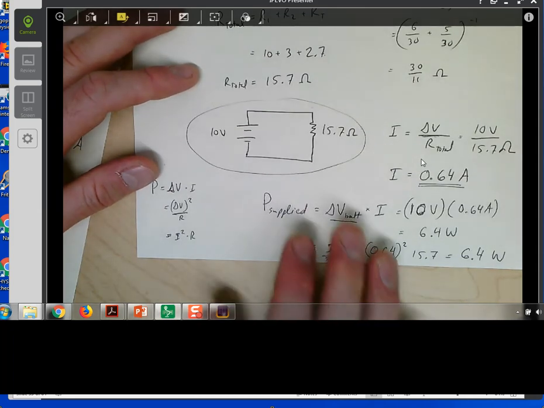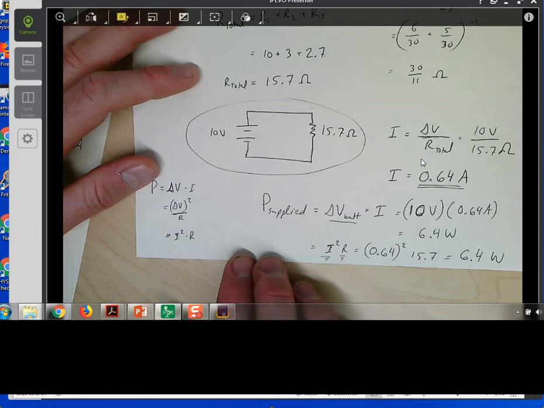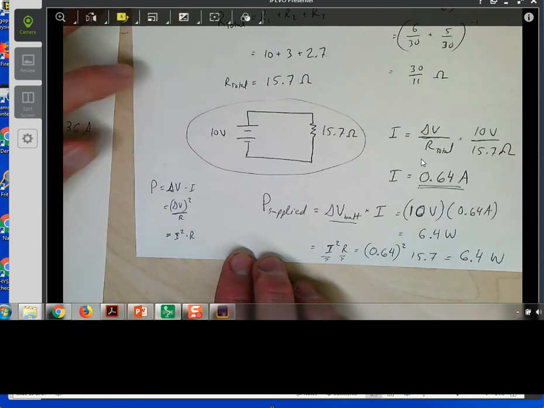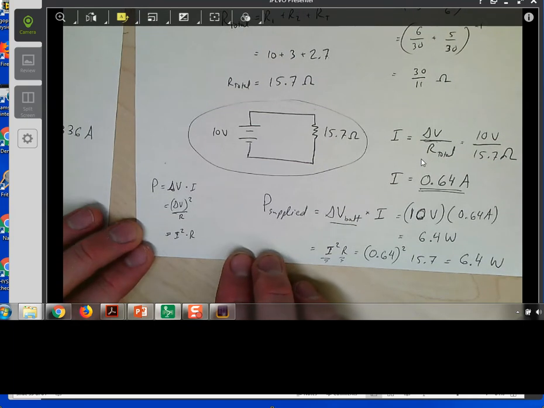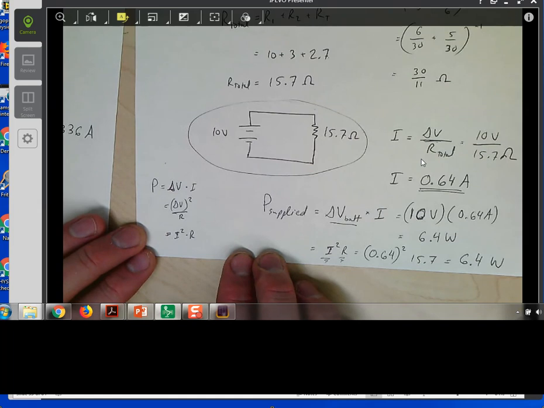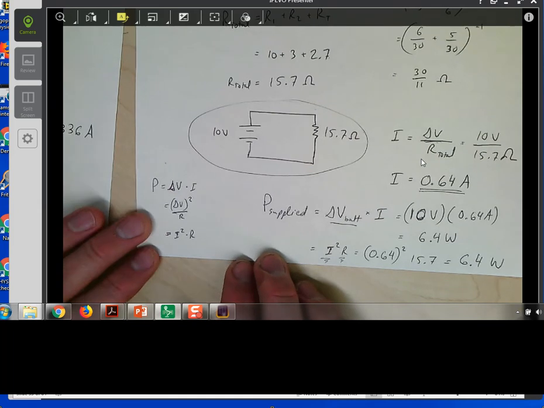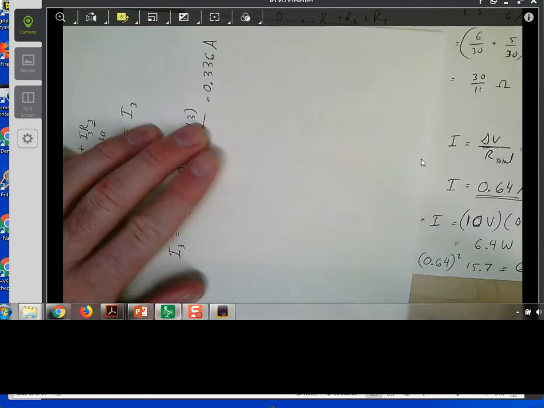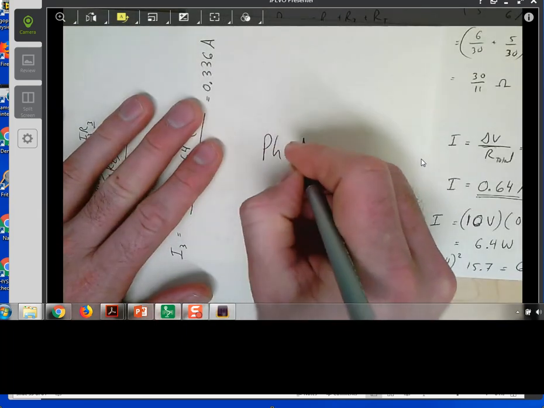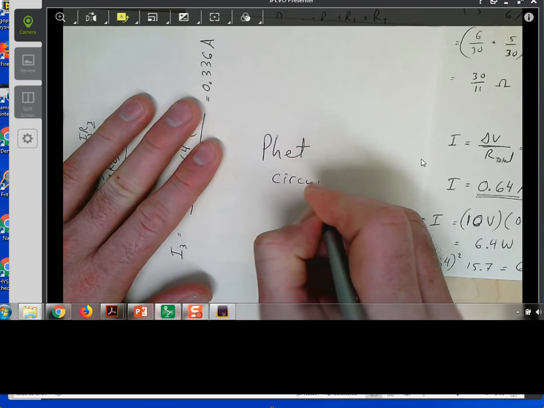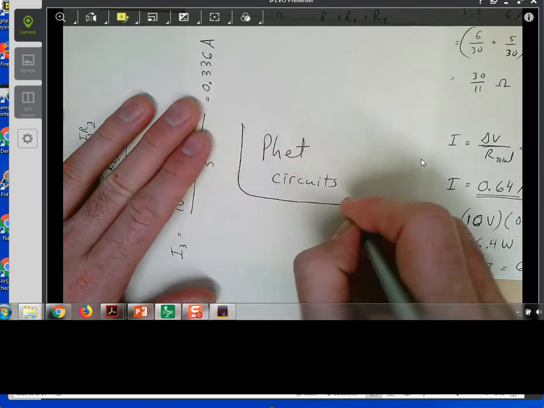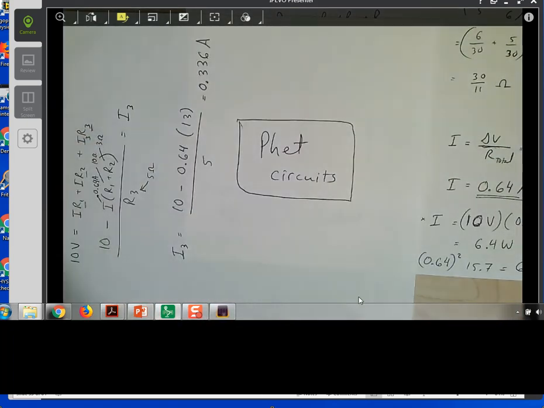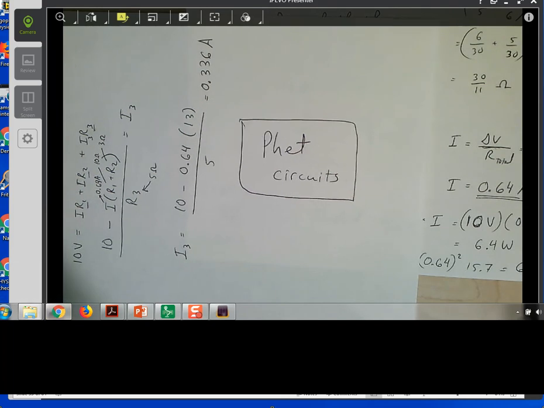If you feel comfortable calculating the current through each resistor, the voltage drop across each resistor, and the power dissipated by each resistor, then you've accomplished a major goal for our section on DC circuits. A great way to practice your knowledge is to use the PhET simulation. If you type in PhET circuits, you can practice making a circuit and test out your ideas.